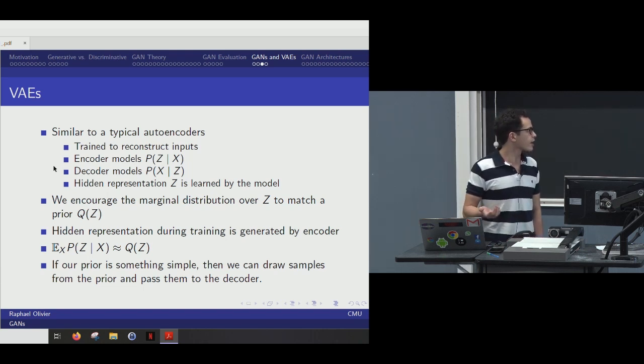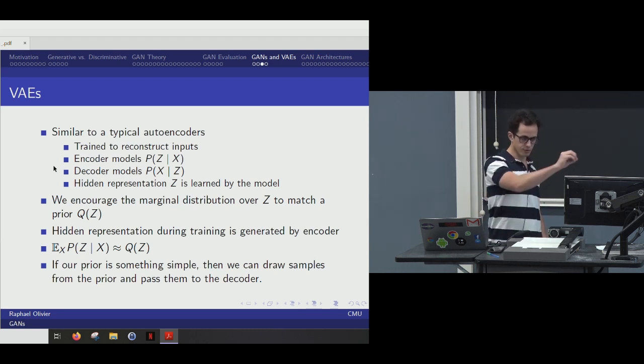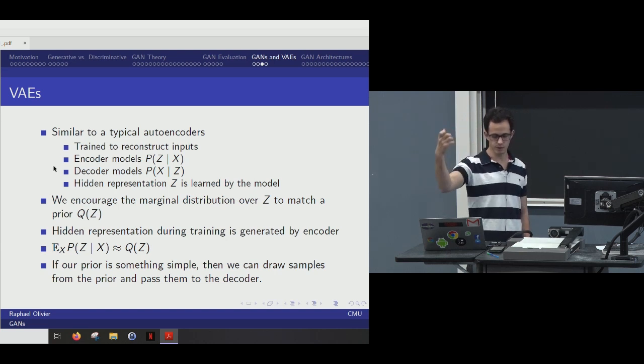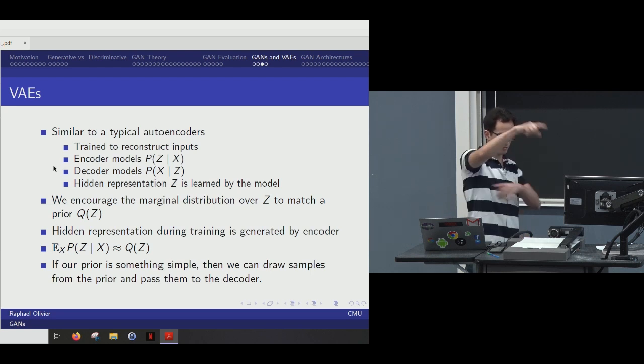Just again, at a high level, they work like autoencoders in the sense that you take an input, associate it to a latent representation Z, then from that representation you try to decode back the input, and if it looks like the original image, then you win. So it's pretty much like an autoencoder so far. The difference is that in an autoencoder, Z is completely unsupervised and can look like anything you want, and most of the points of the latent space are most likely meaningless because the manifold is super complicated.